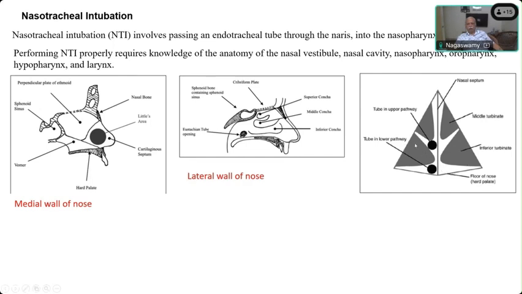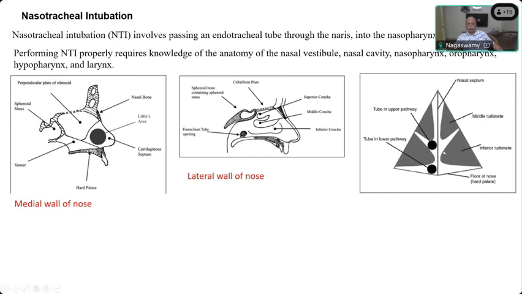Whereas in patients who have a large turbinate, it may be passing between the middle and the inferior turbinate. So there are two routes through the nostril. So when you try to insert the tube, you must look for this inferior turbinate projection.